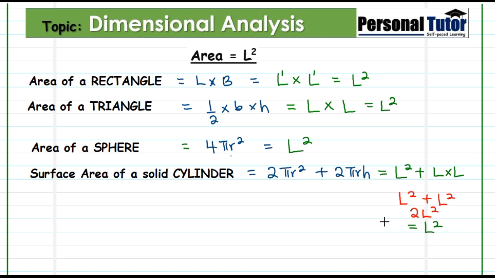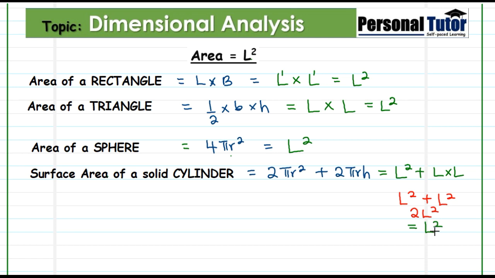So I think up to this far, so long as it is an area, it has a dimensional equation of L exponent 2. I believe you have understood this very well. On your own, you could consider other shapes like the cone, and other shapes which you can recall in mathematics. Thank you very much.